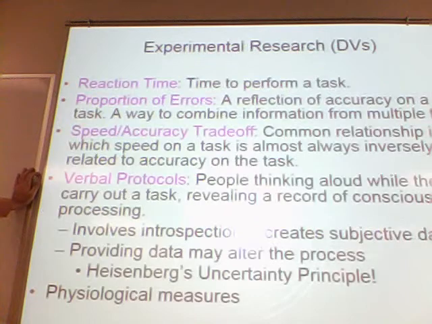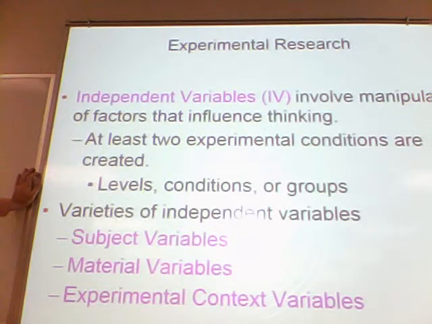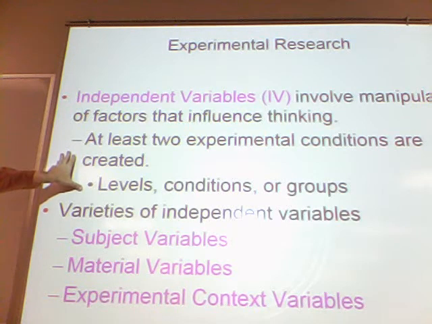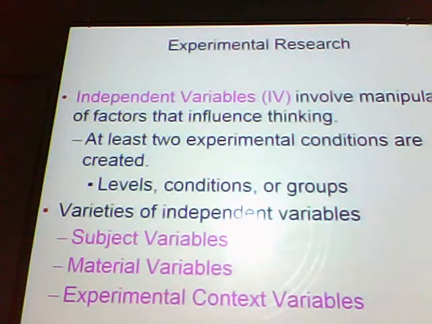As we know in research, we, the experimenter, manipulate an independent variable, and that manipulation must have at least two conditions, right? So I might have an independent variable that involves the lights are on or the lights are off, right?